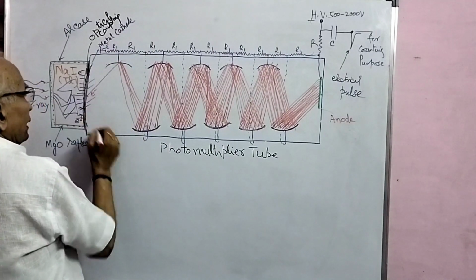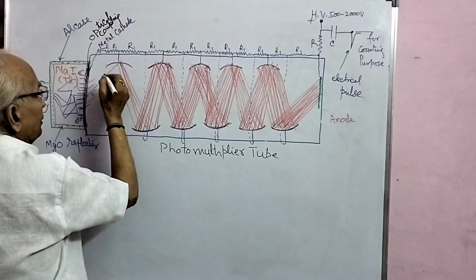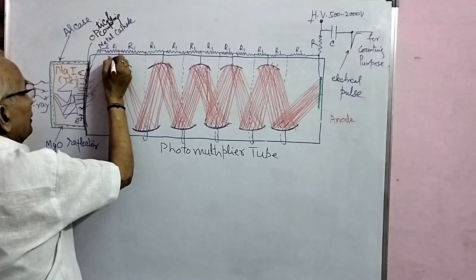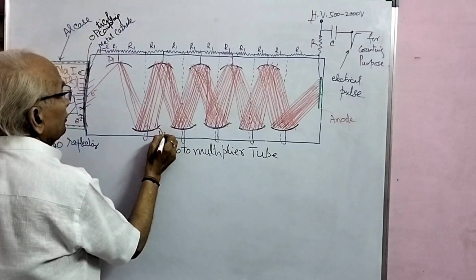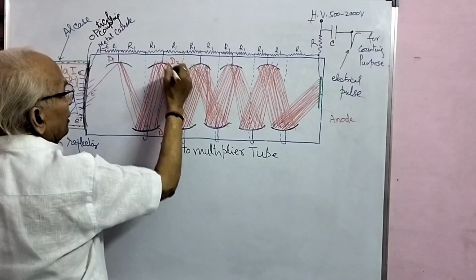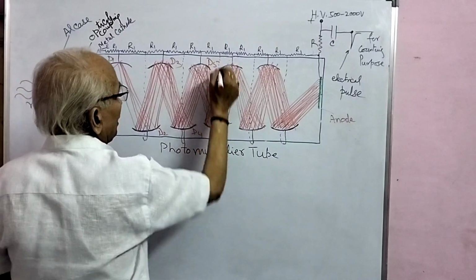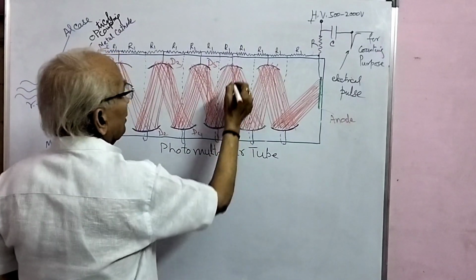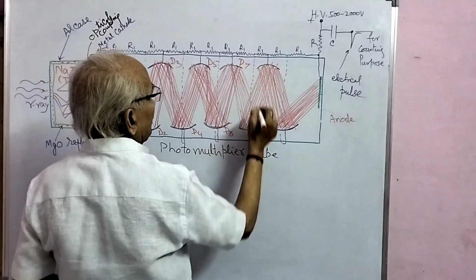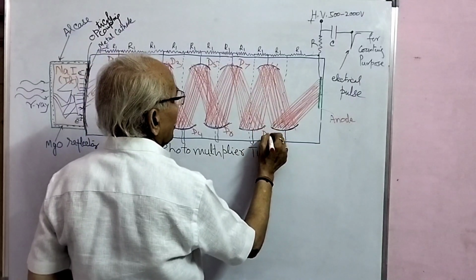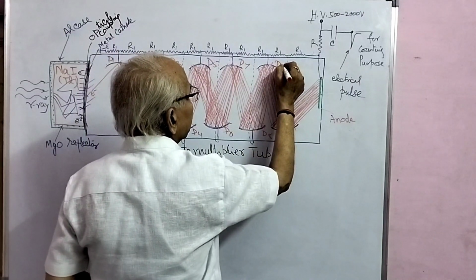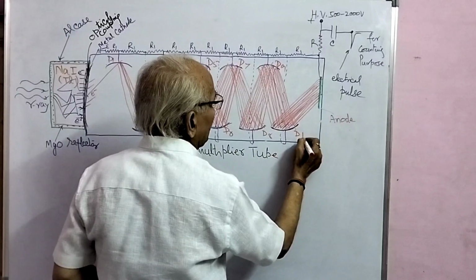This is the cathode, and these are called D1, D2, D3, D4, D5, D6, D7, D8, D9 and D10. I have shown 10.